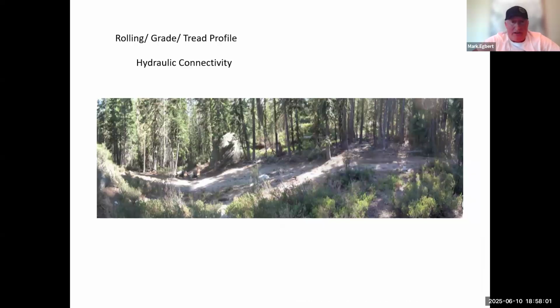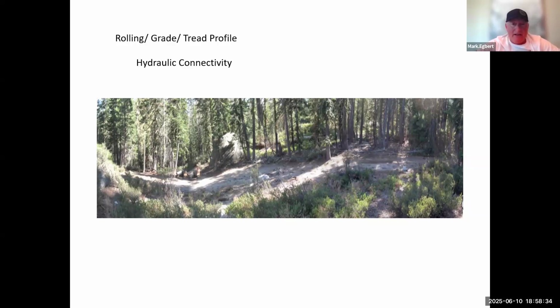One of the things I also like to look at is the hydraulic connectivity. And both Richard and Susie kind of talked about this, but you're never going to control the water on a large scale watershed. And it's even really hard to control water on a small scale watershed. And so you want to work with it. You want to work within your landscape, your environment, not only the vegetation and everything, but the topographical features and the nature of how water is actually functioning and flowing throughout the watershed.